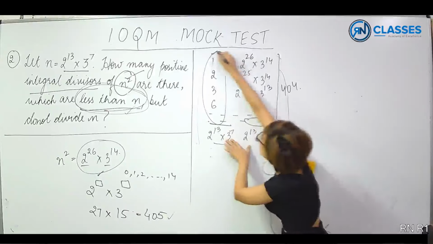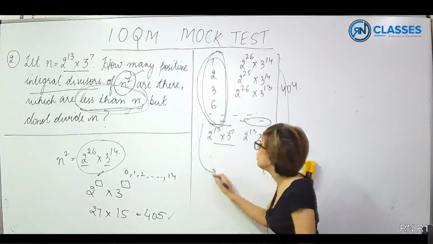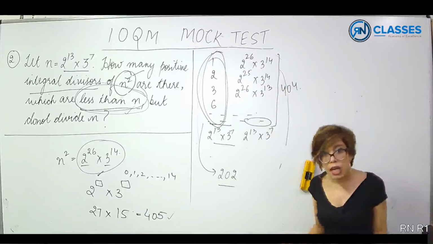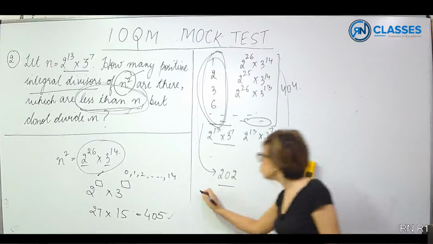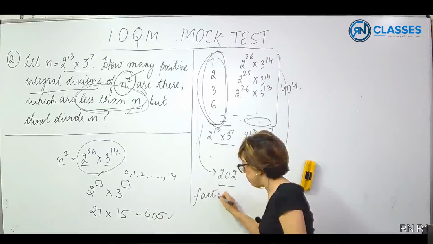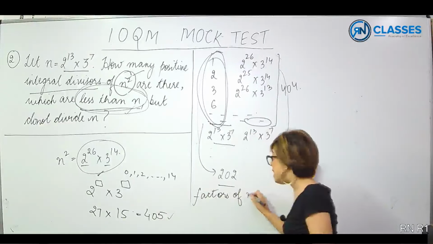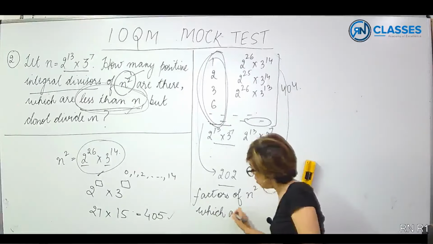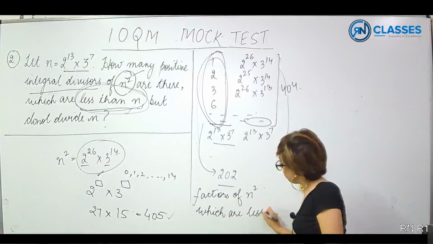So that means these are nothing but 202 in number. Till now, I have counted those factors of n square which are less than n.